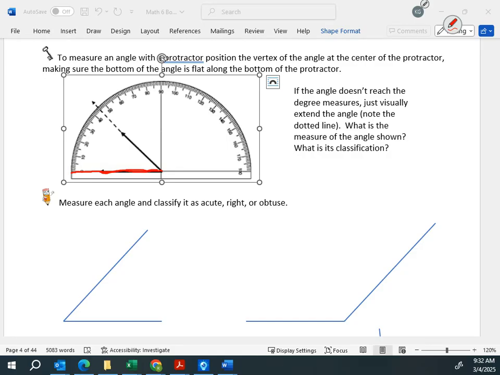So we're going to be using the numbers on the outside of the protractor. We're going to extend the top line of the angle up, so as we're counting up, we know where to stop for our angle measurement. So you should be getting about 45 degrees for your measurement. So you have to come to the outside, and that's where your 45 is.